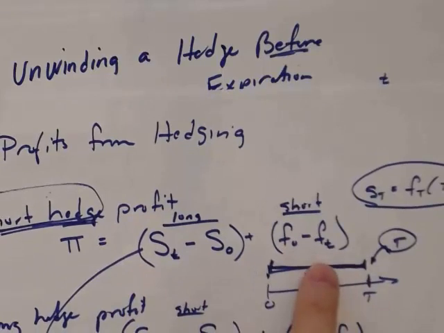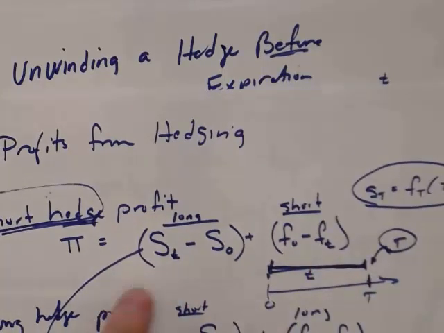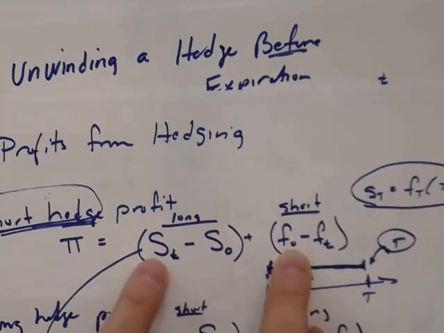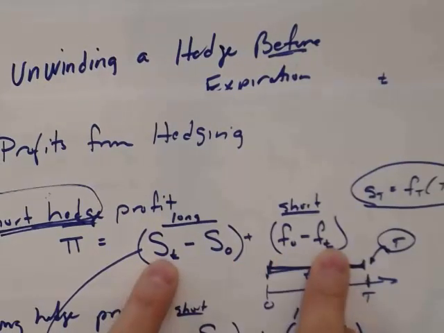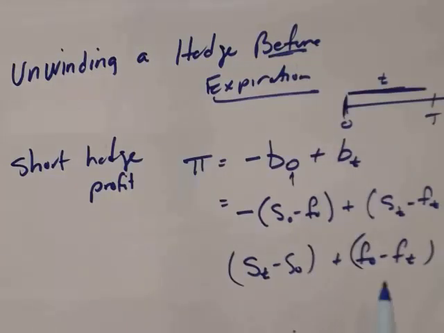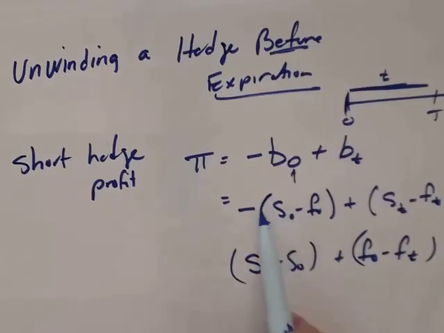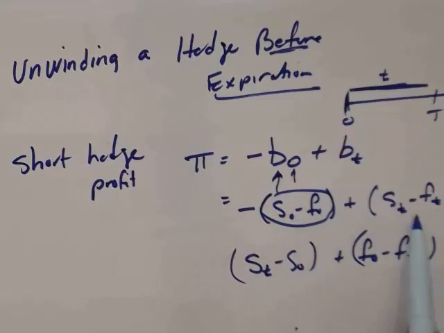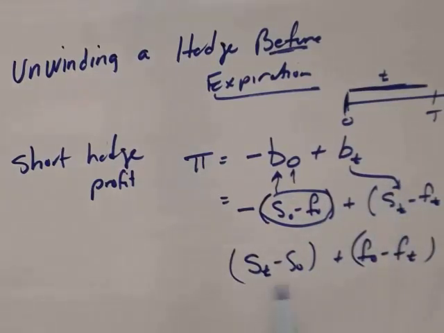Well, what I'm saying is, if you rearrange the F and the S at time 0, and the F and the S at time little t, and you define this right here to be B_0, basis at time 0, and then basis at time little t, you can rewrite this profit formula in terms of basis.